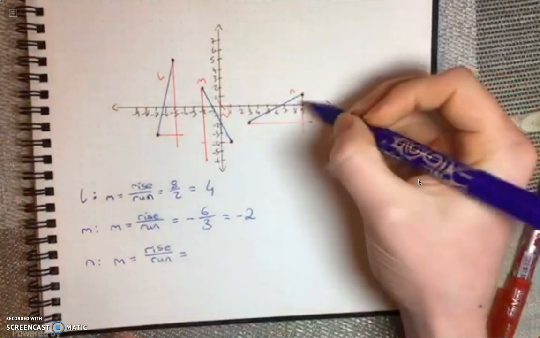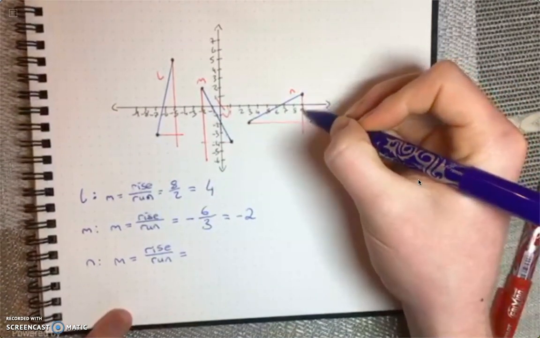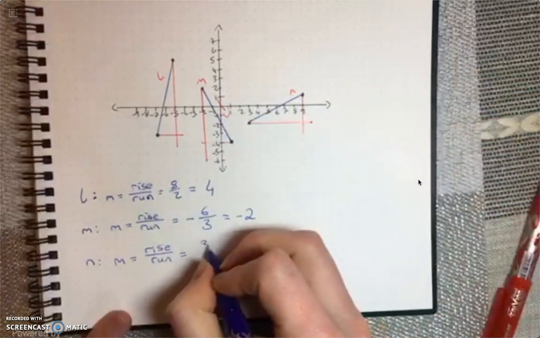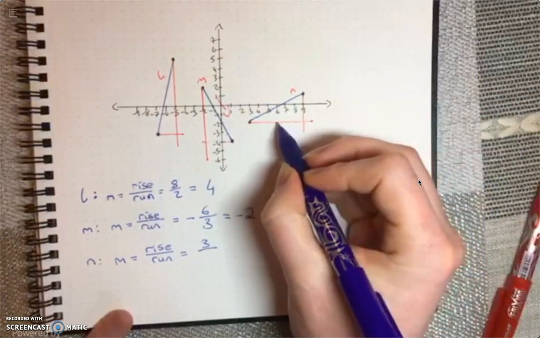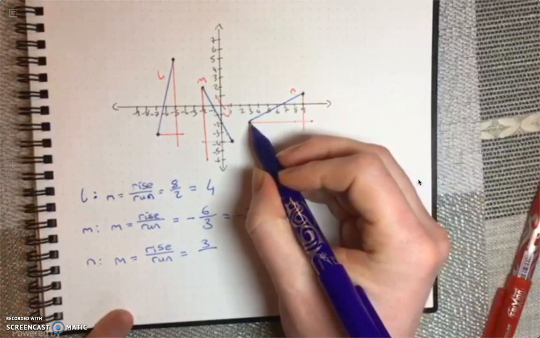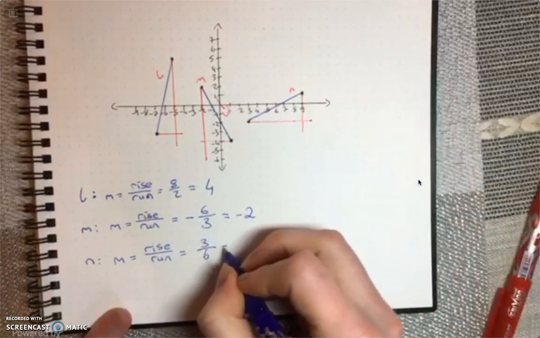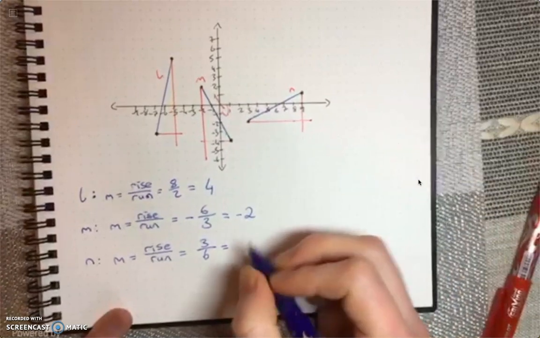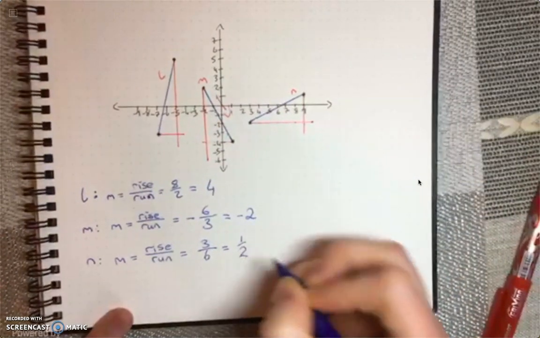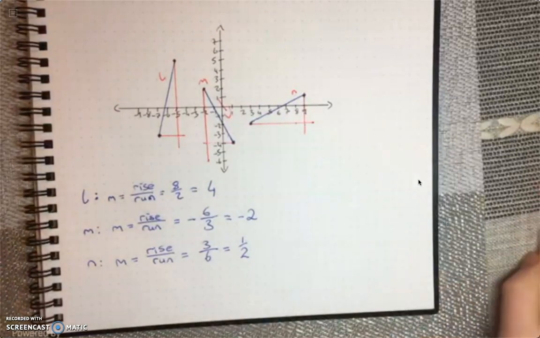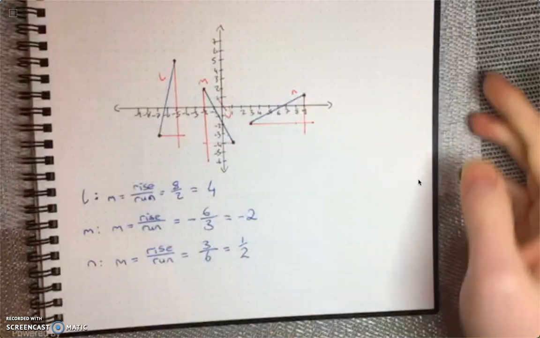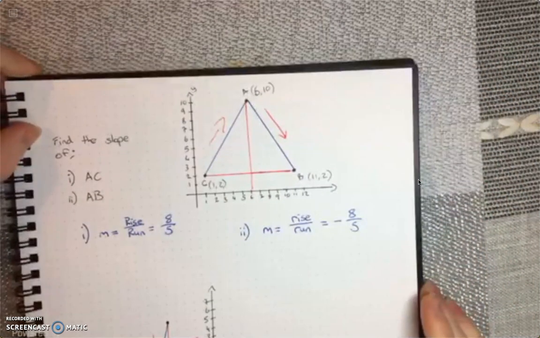So my rise, I go up 1, 2, 3 boxes, and my run is 1, 2, 3, 4, 5, 6. So 3/6 is the same as saying 1/2. And that's it. You can take that example down if you want, but it's not necessary. I know it's a little bit small. The most important one was definitely the one at the top.